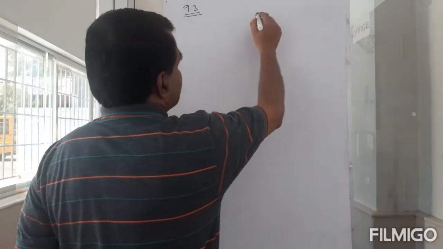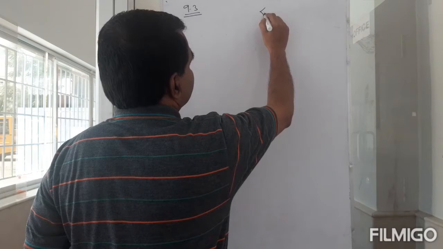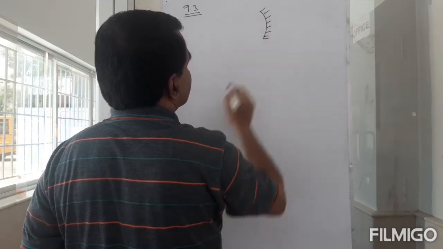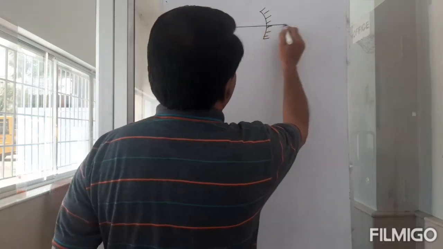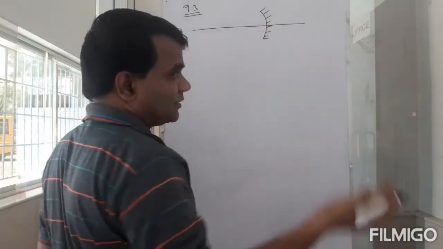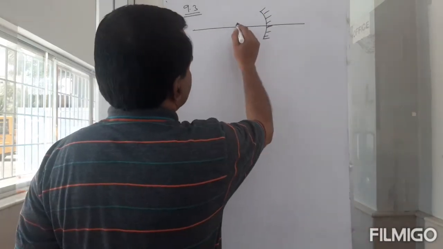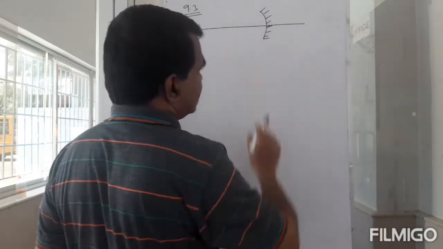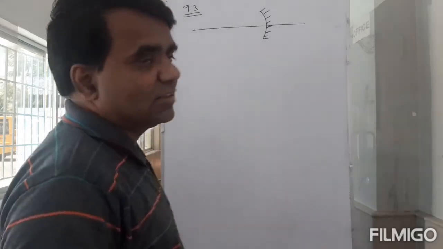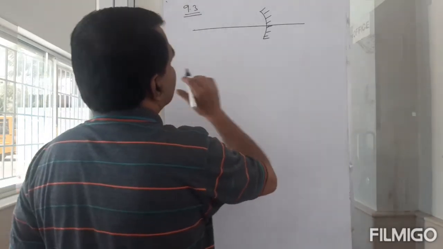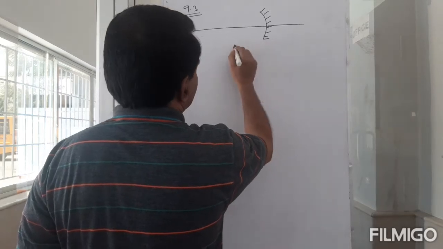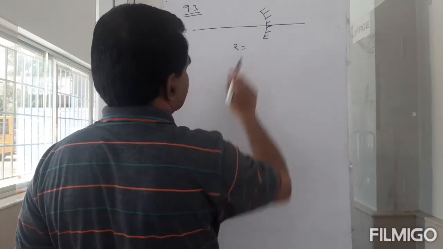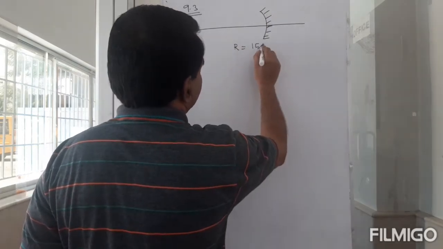So you have a spherical concave mirror, and there is an object placed in front of it. Maybe here, there, it doesn't matter. So the distance is given, 10 centimeters and 5 centimeters. There are two cases. What else is given? The radius of this mirror is given. That's 15 centimeters.